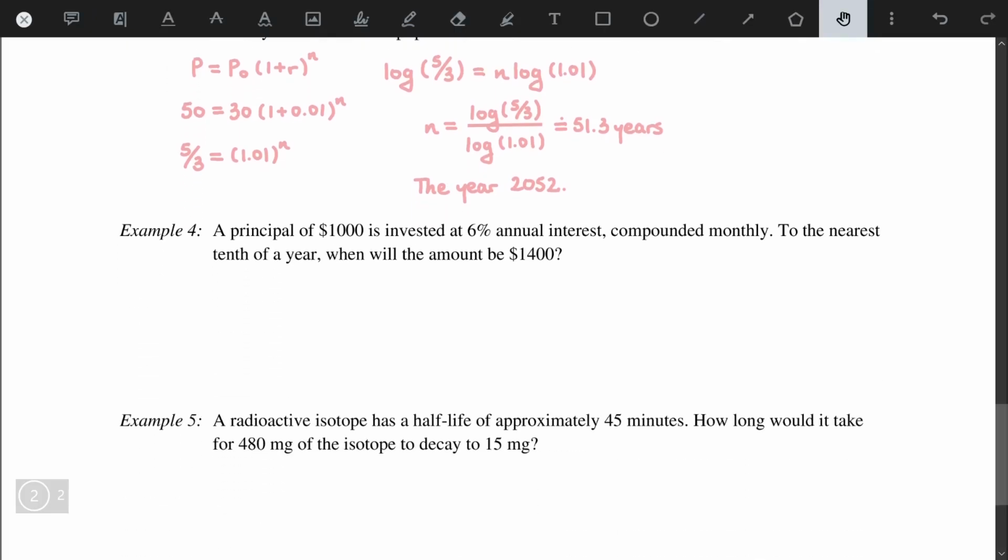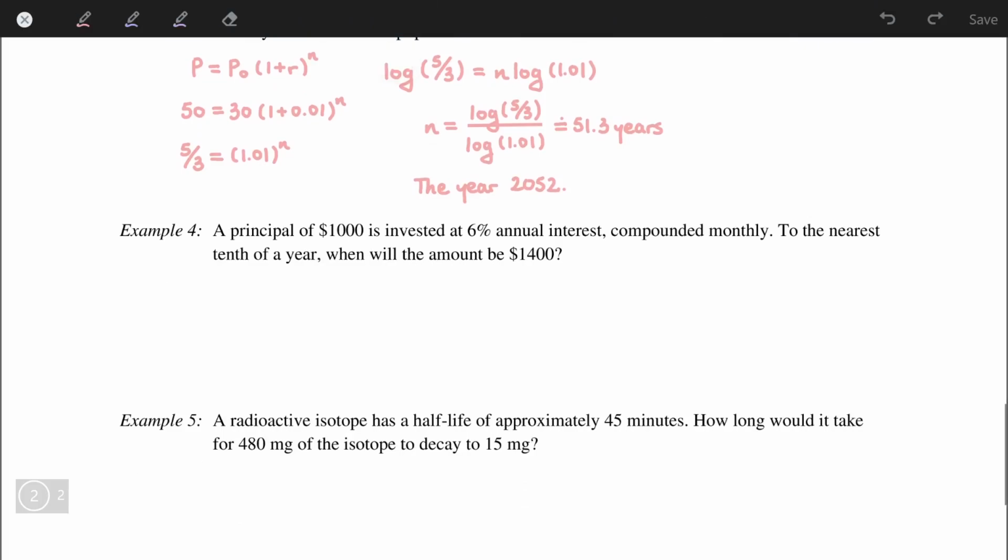So next question, very similar, slightly different setting, of course. We are looking at an investment and how long will it take to grow by $400 starting at $1,000, at 6% annual interest, compounded monthly. So the investment's worth, we'll just call it I, is equal to I naught, the initial amount that's in the account, multiplied by 1 plus r over n, where n is the number of compounding periods per year, to the n times t.